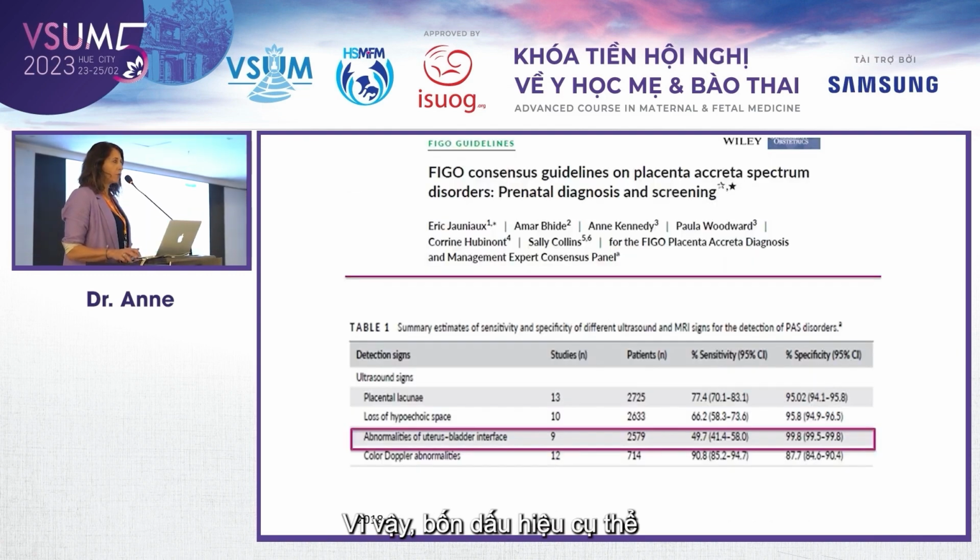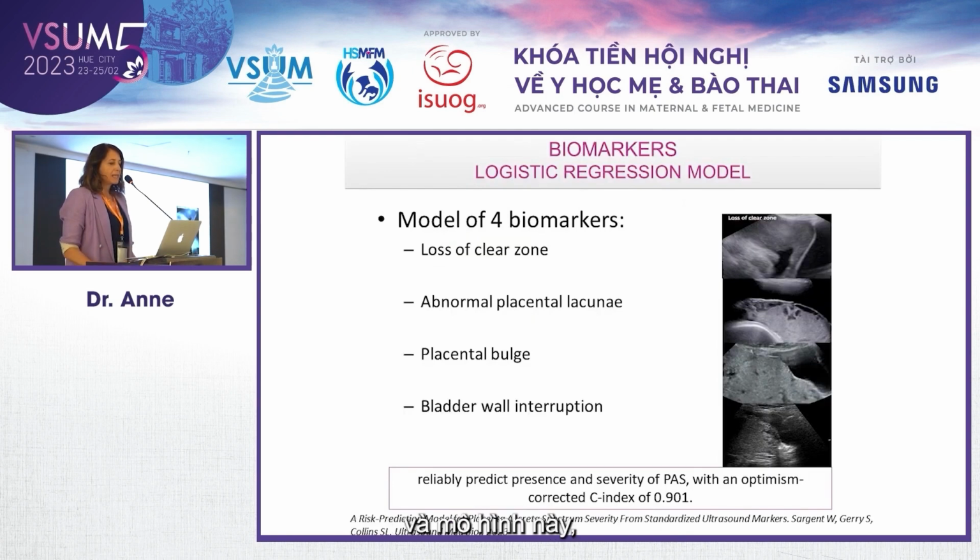So the four signs, and specifically when they are combined together, are very accurate to suspect placenta accreta. And this model was studied and emphasized recently.